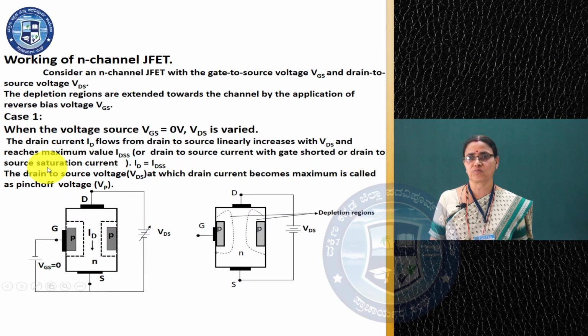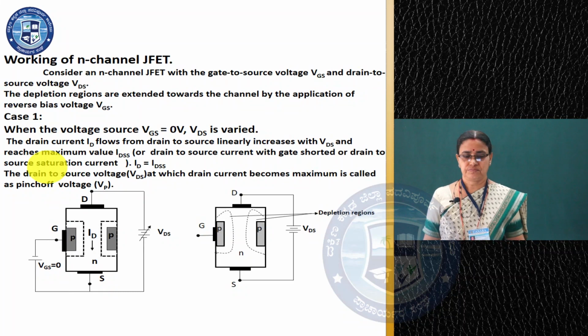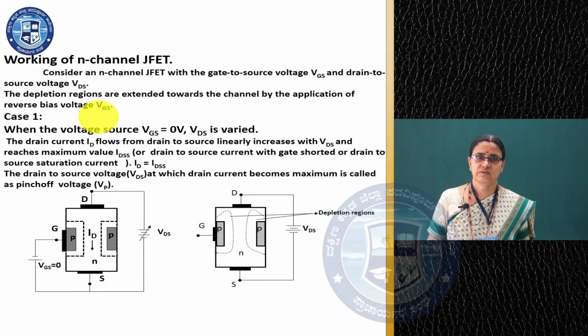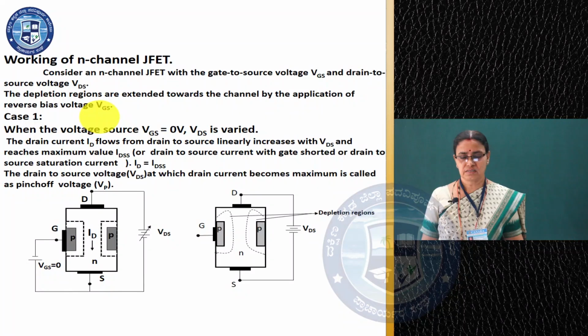It is very important for a 1 mark question. And if you increase it still, then the device may get damaged. So we have to consider that VDS should be greater than VP.